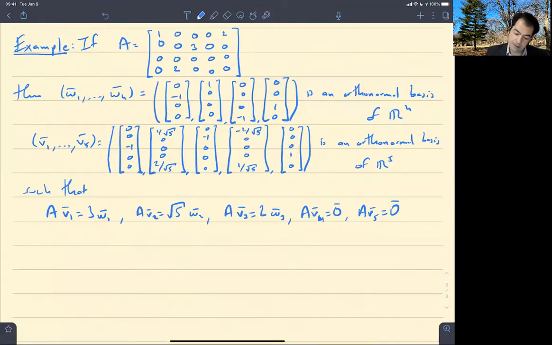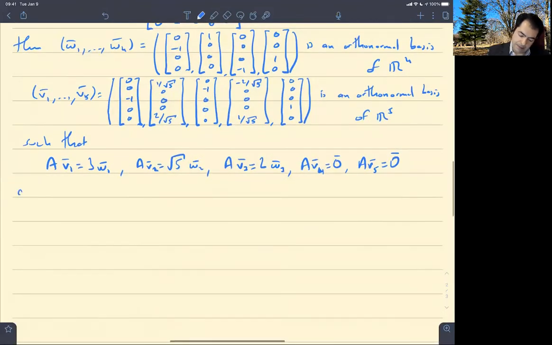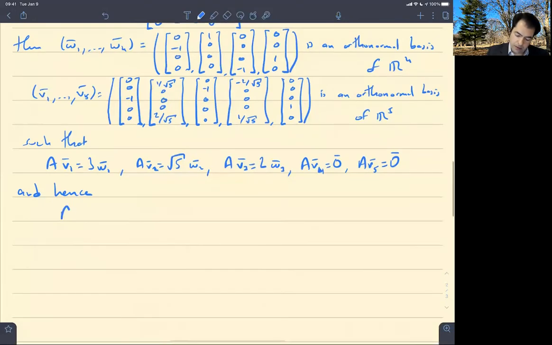And hence, we can write A. I'm going to have a 4 by 4 matrix here, where all I'm going to do is put the W's as the columns of this matrix. So 0, minus 1, 0, 0, 1, 0, 0, 0, 0, 0, 0, minus 1, 0, 0, 1, 0.